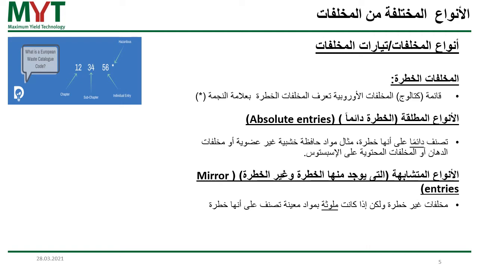So, like I already said, the hazardous waste in the European Waste Catalog is identified with an asterisk. So you know directly you have to take special care of this kind of waste. Then you have the absolute entries, so the waste is always classified as hazardous.